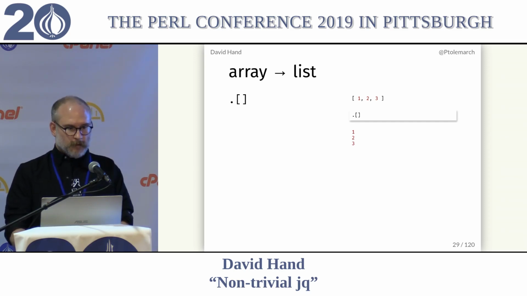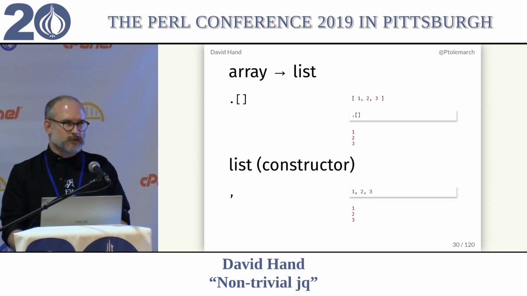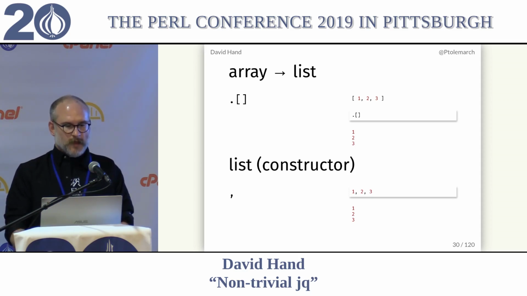Now, what's a list? So let's talk about that real quick. Lists are constructed with the comma operator. In Perl, we have no single operator that creates a list. In JQ, there is the one, but it's comma. So it's interesting. The input is commas, the output is just new lines.